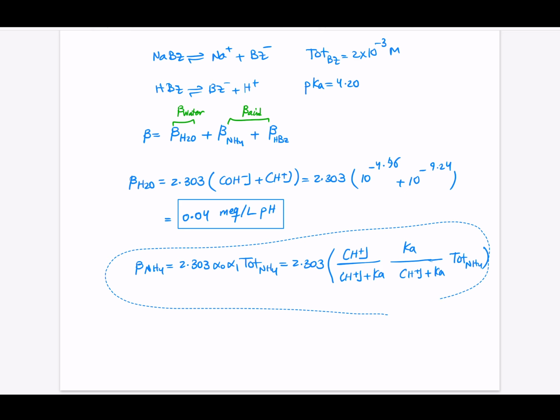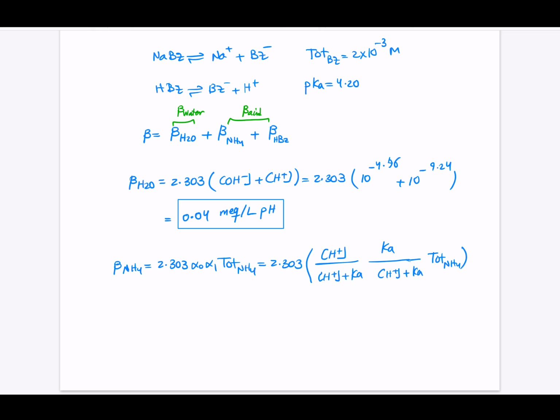And we basically have all the values to insert here.